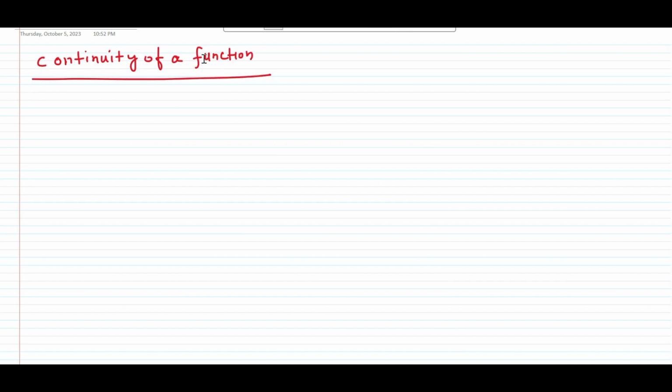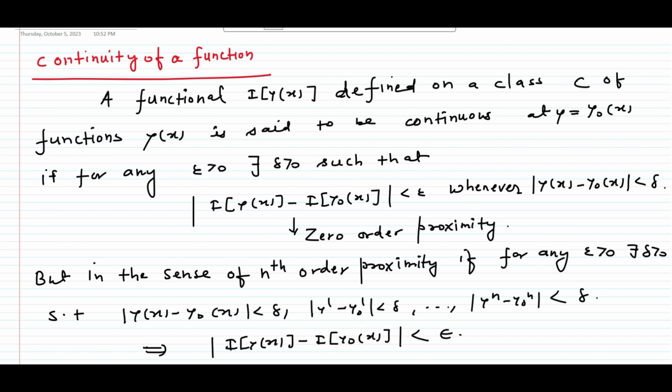We can say that a functional I of y defined on the class C, the collection of all continuously differentiable functions y of x, is said to be continuous at y equal to y naught of x if for any epsilon there exists a delta such that mod of I of y of x negative I of y naught of x is less than epsilon whenever mod of y of x negative y naught of x is less than delta. This is called zero order proximity.